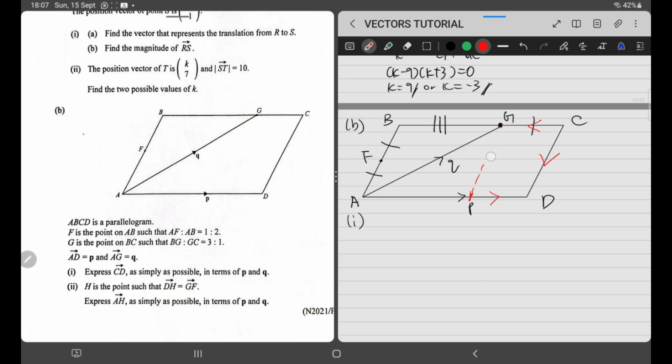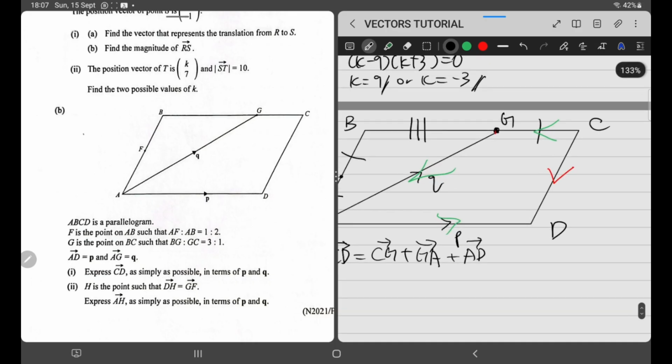But if you cannot see this, it's fine, because what you can do is you can walk from C to G, then G to A, and then A to D. So CD is just walking from C to G, then G to A, and then A to D, right?